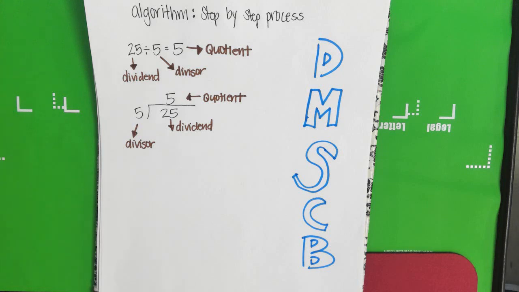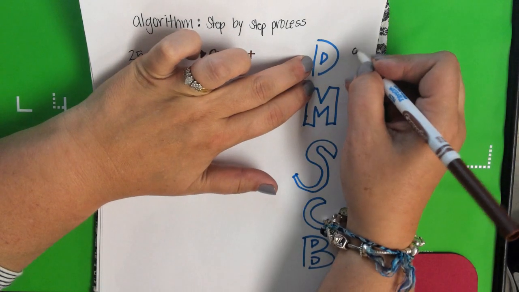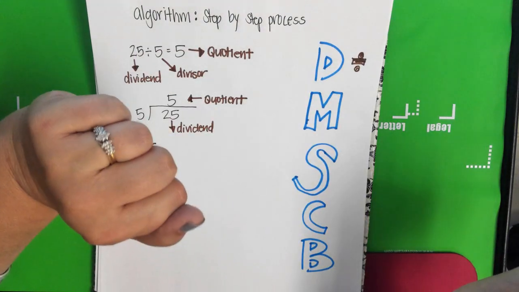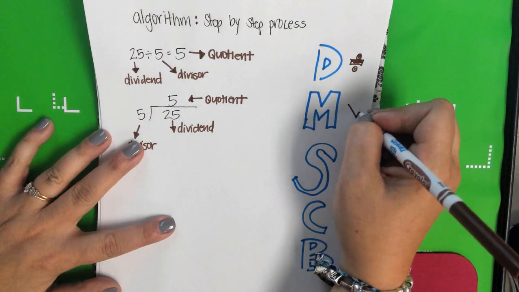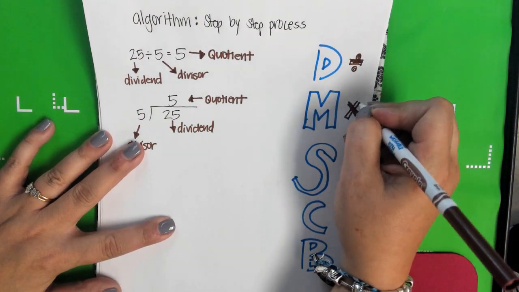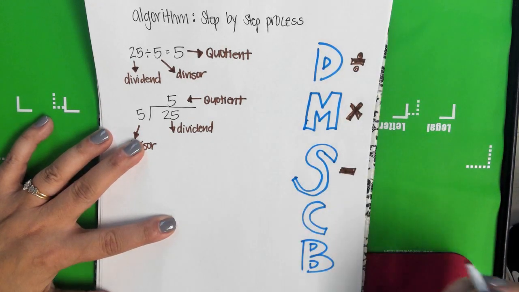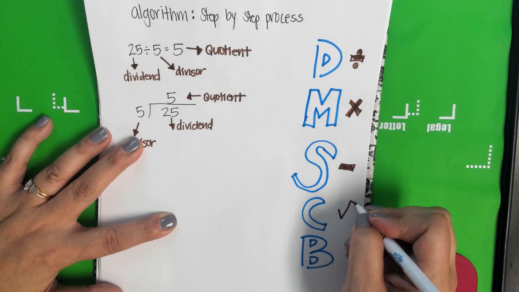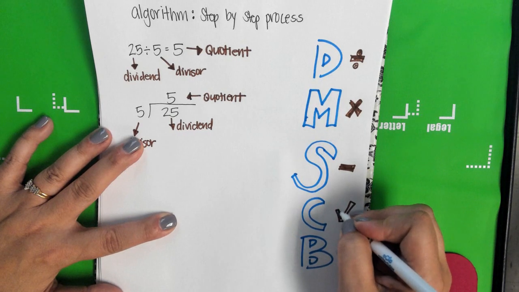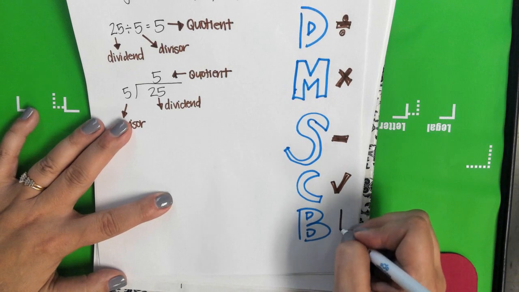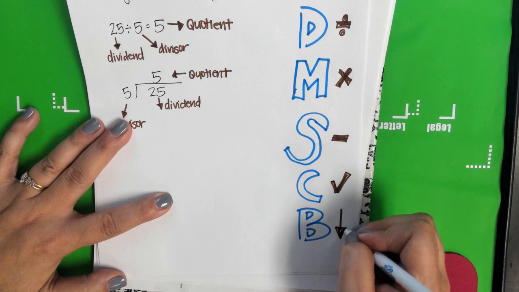All right? What in math does the D stand for? Divide. I think it also stands for does, but divide. Okay, what about the M? Multiply. You got it. Multiply. S? Okay. C, I almost gave it away. Check. And we're going to talk about specifically in a minute what we're checking, okay? And then the last one, bring down.